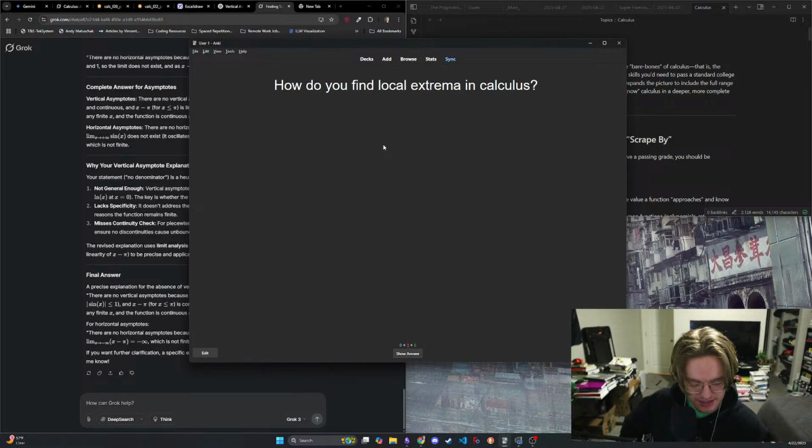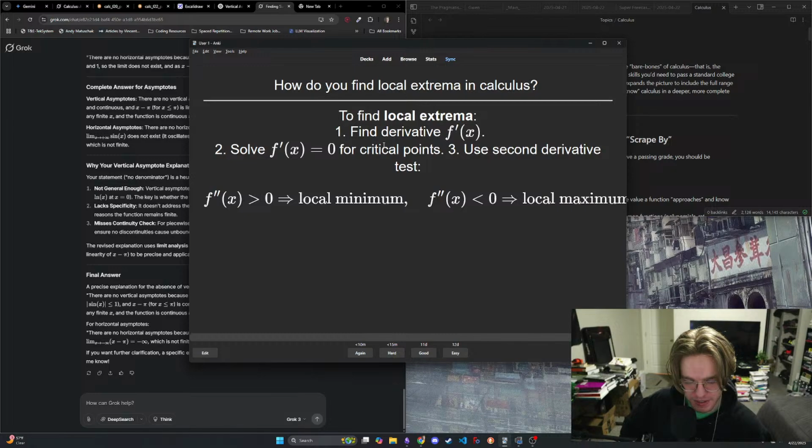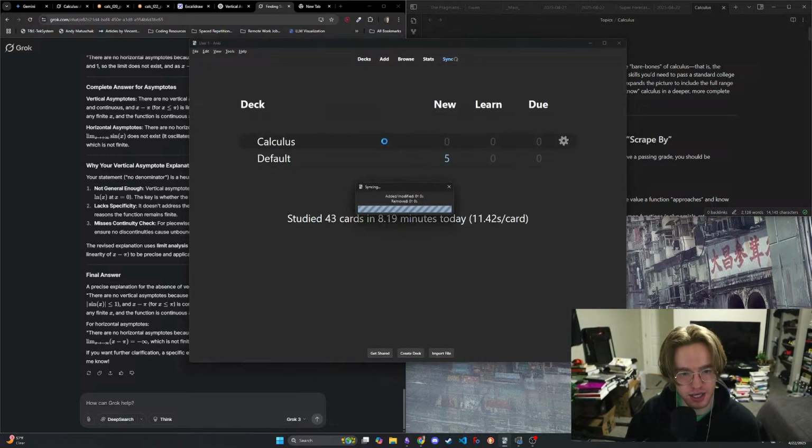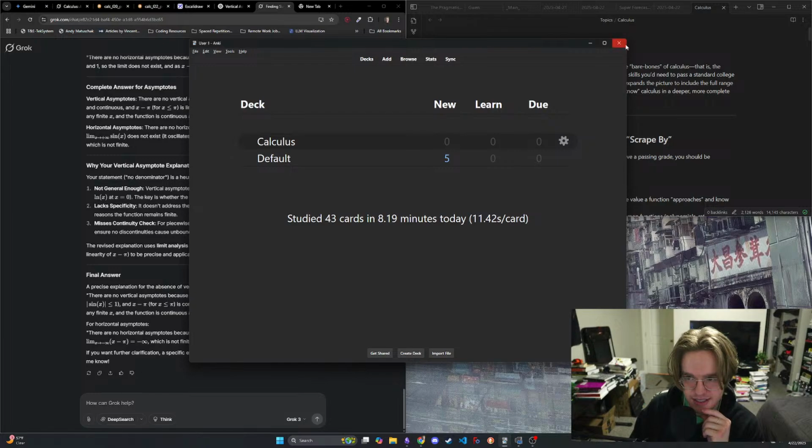If it's less than 0, it's a maximum, and greater than 0, it's a minimum. Okay, yes. I feel good about that. So y would evaluate to 0. Yes. Okay, we finished. Nice.